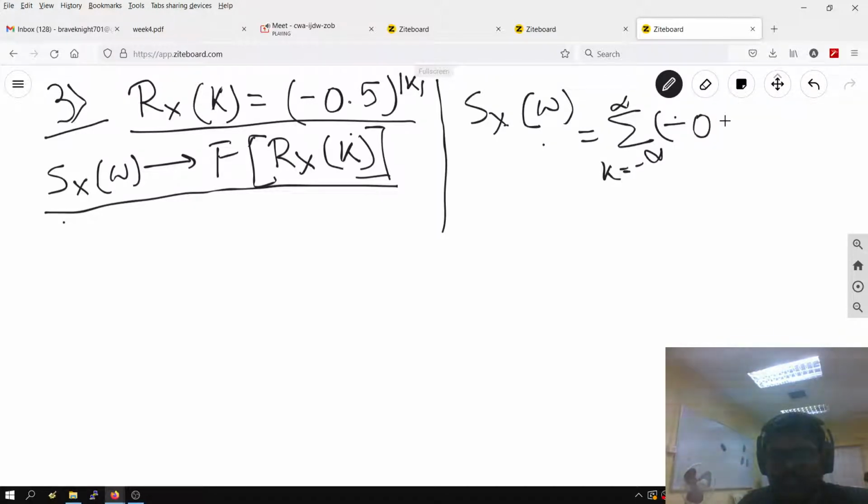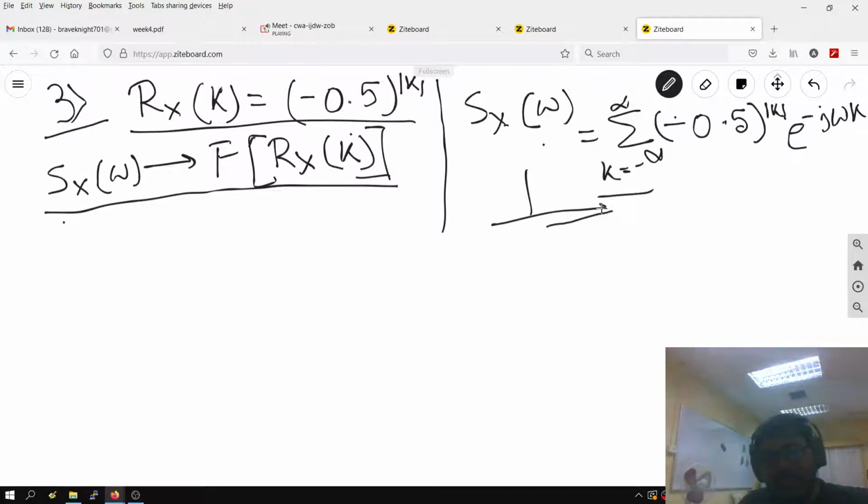What is the autocorrelation here? 0.5 to the power mod of k, e to the power minus j omega k. So this has two parts: one part is k equal to 0 to infinity, another part is to minus infinity.